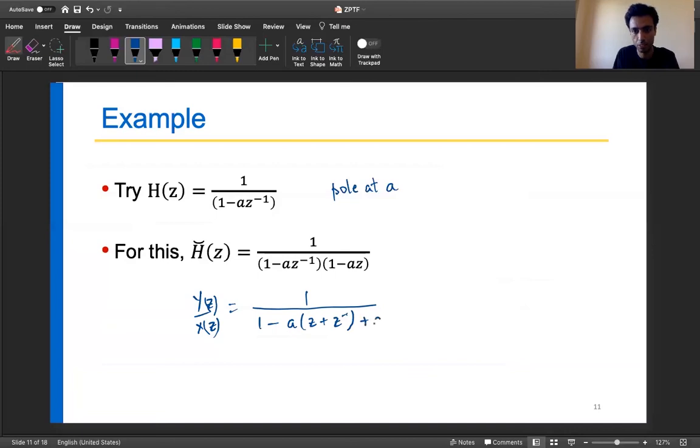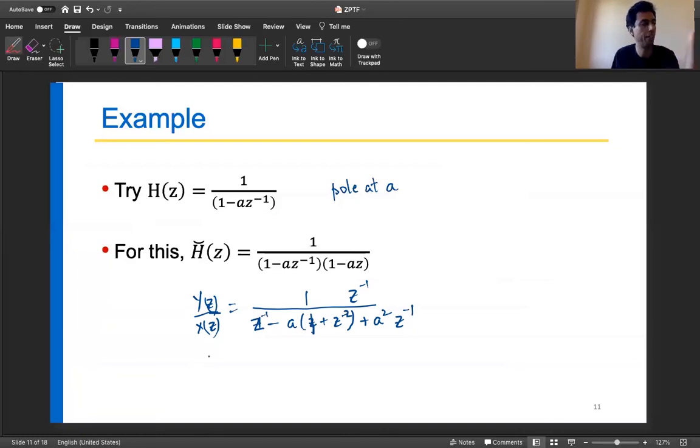Now, when z goes there, it will become y[n+1], and I don't want y[n+1] there. Let me multiply everything with z inverse. So this becomes z inverse, this becomes 1, and this becomes z inverse.